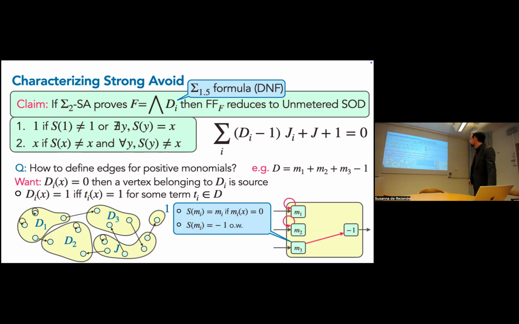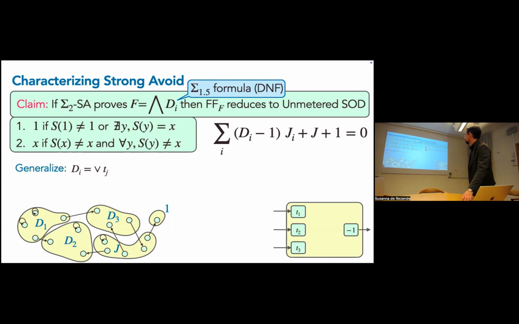Now we just have to deal with the fact that our DNF is not so simple. Rather than being a sum of monomials, it can be terms times juntas, but this is pretty straightforward. So -1 is a source if and only if D_i is false. If D_i is the OR of terms, then we use the fact that in the conjunction corresponding to the term, the number of positive monomials is greater than the number of negative monomials.